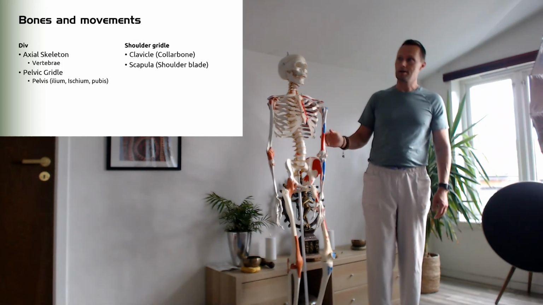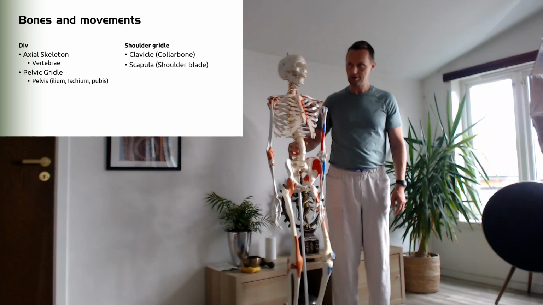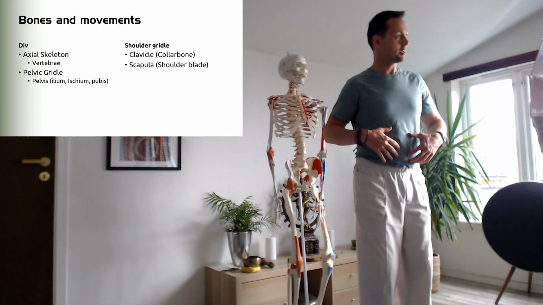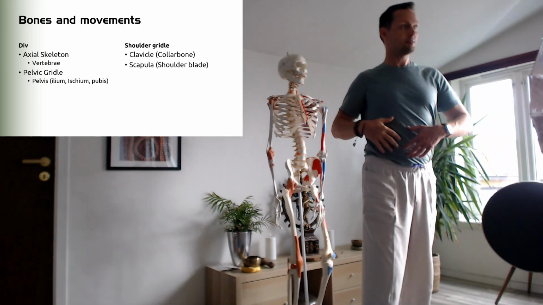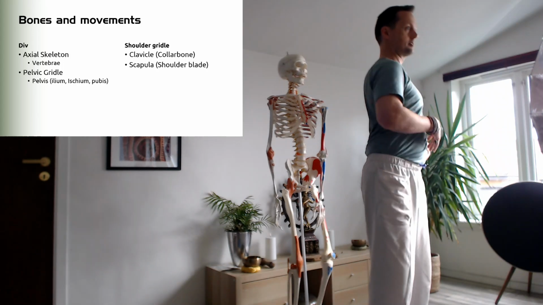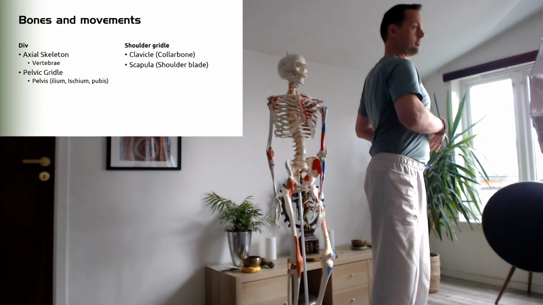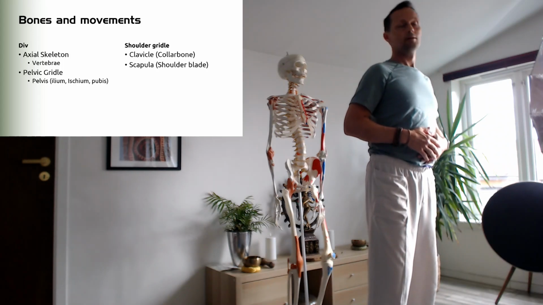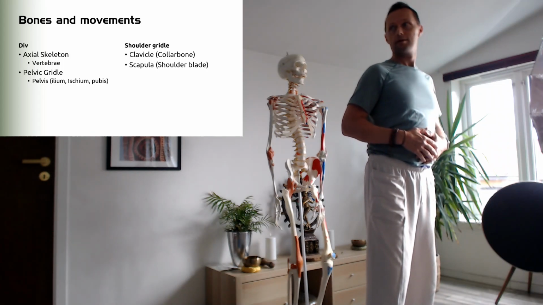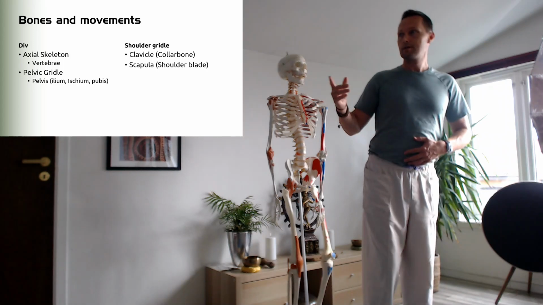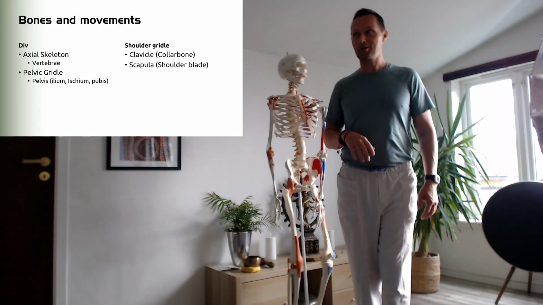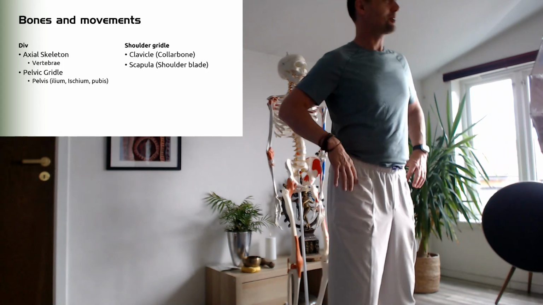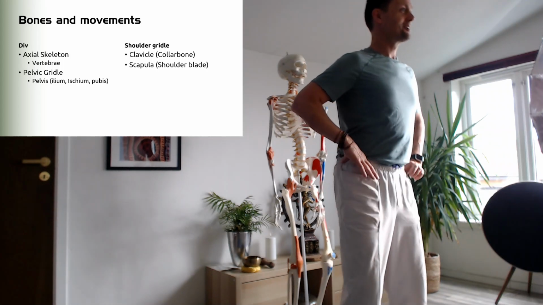Okay, and axial parts. We have the spine, rotating. We have the skull. We have the pelvic girdle. I don't know if that is for belly dancing or... Belly dancing, yeah.